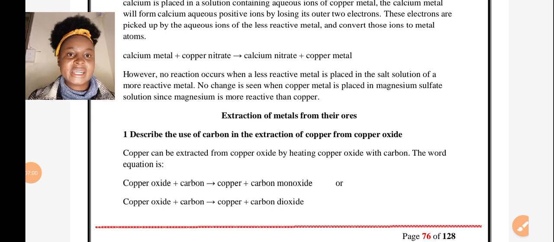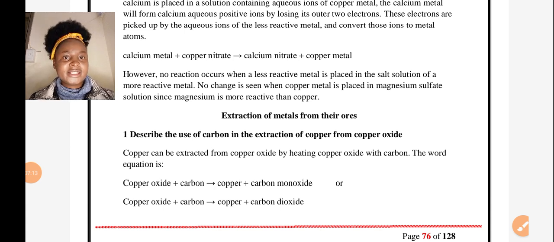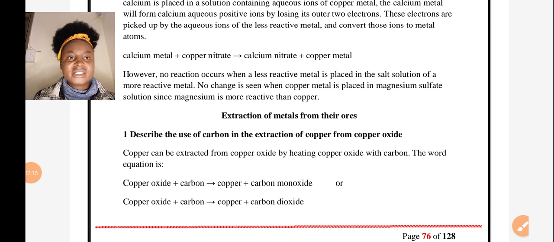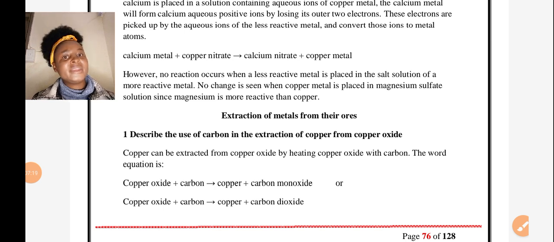However, no reaction occurs when a less reactive metal is placed in the salt solution of a more reactive metal, because it can't displace a stronger champion from its compound. So no change is seen when copper metal is placed in magnesium nitrate, because magnesium is more reactive than copper.